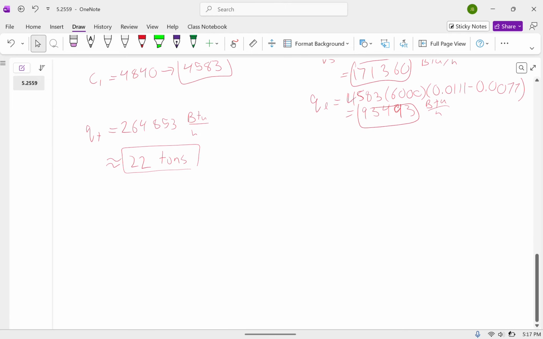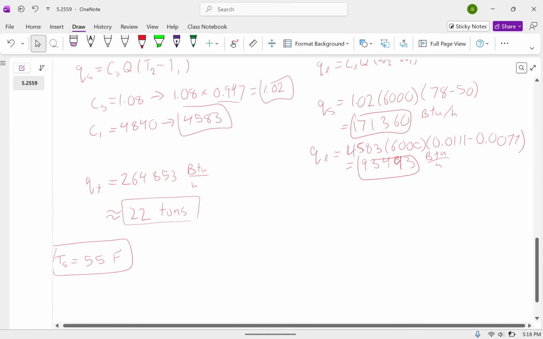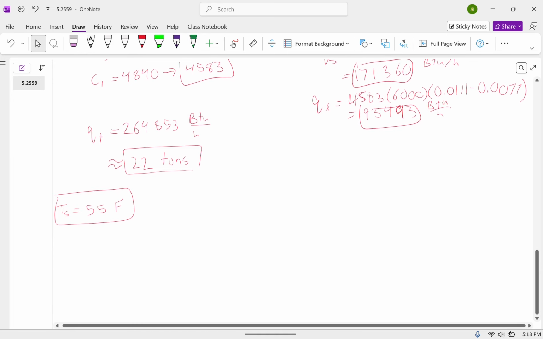So we'll be doing about 55 degrees supply air. 55 degrees is a more typical supply air temperature, and that's to help make sure that we're not overcooling the space in a sensible way after we dehumidify the air. So we now need to size our reheat coil to bring the air through sensible heating only from 50 degrees Fahrenheit to 55 degrees Fahrenheit.